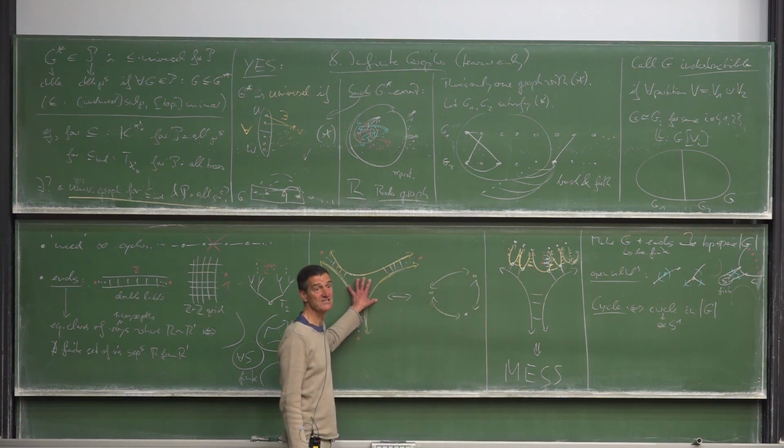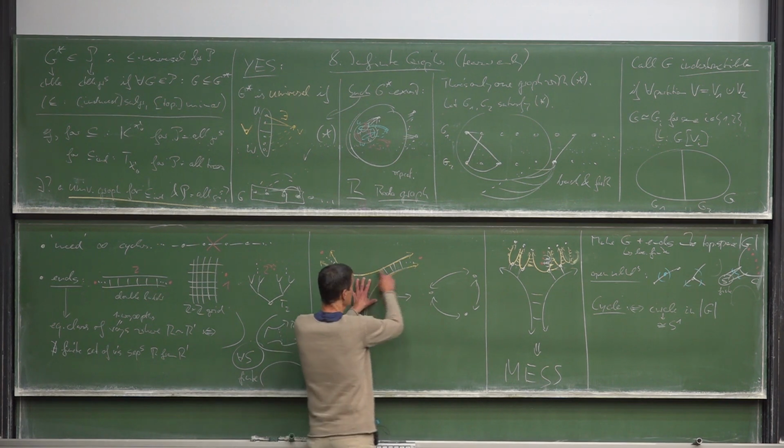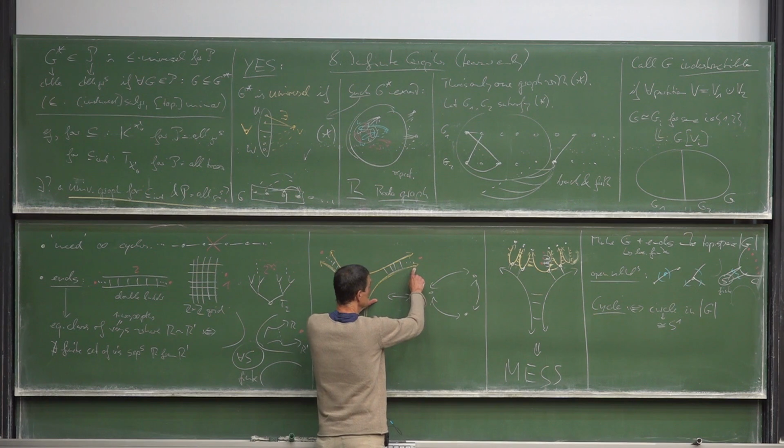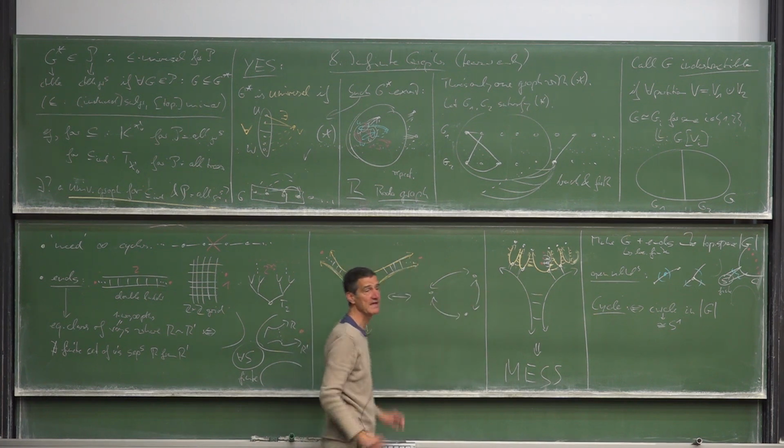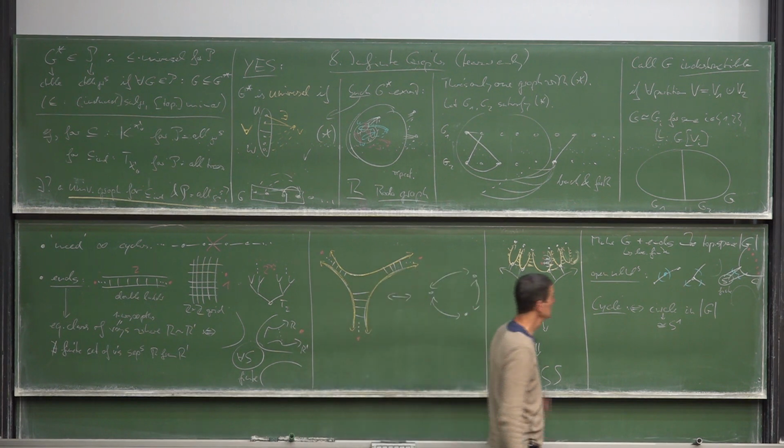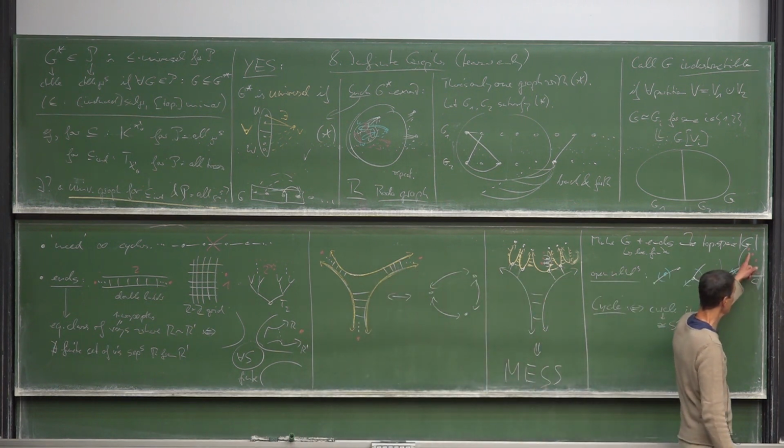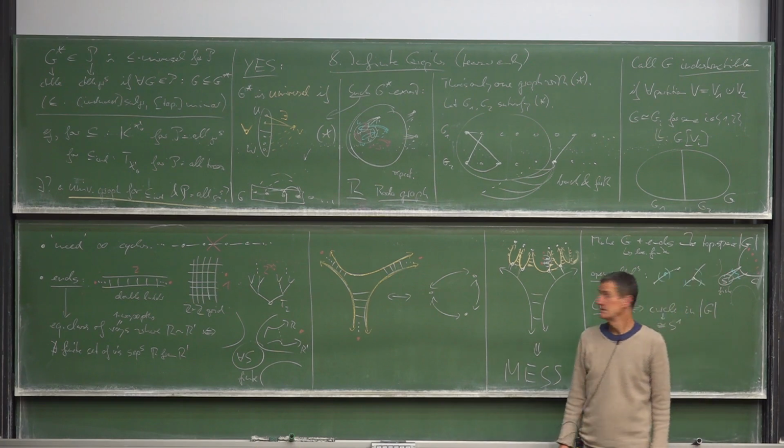this is a circle, this yellow thing, because one can easily check that what the definition implies is that rays converge to the end of which they're an element. Right?